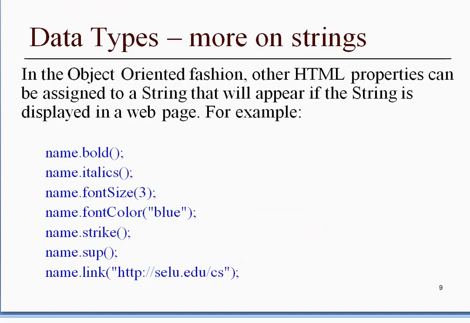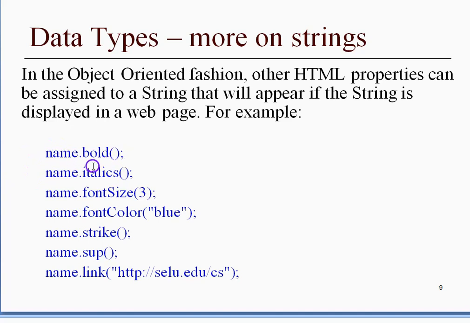Continuing with other useful functions, in the object-oriented fashion, HTML properties can be assigned to a string that will appear if the string is displayed in a web page. For example, let's say name is a variable that is a string.